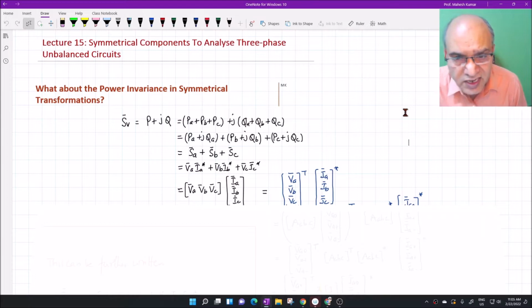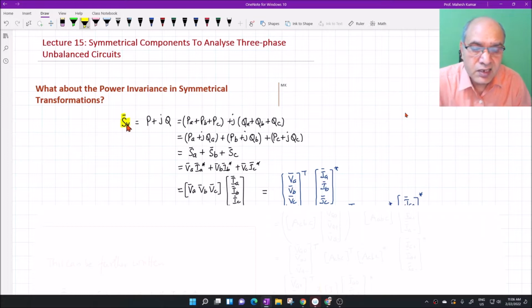As I said in the previous class, the apparent power is called S bar complex. The bar notation is for a complex quantity, which has a real and an imaginary component.